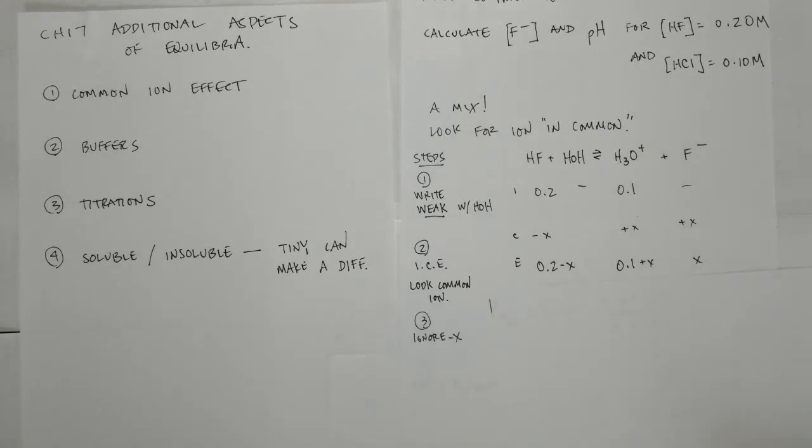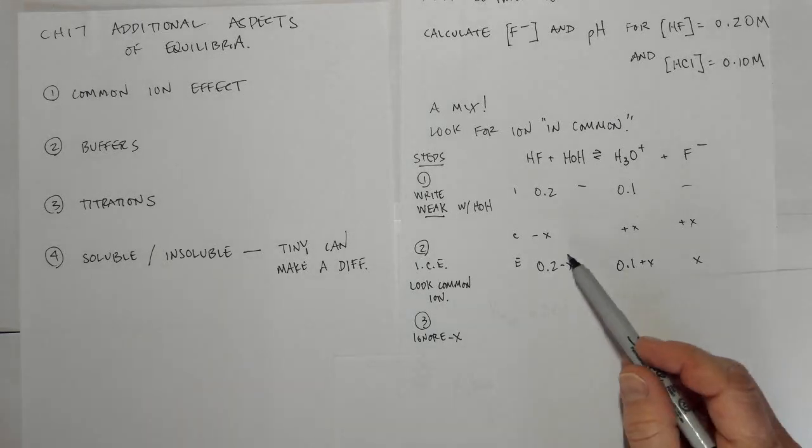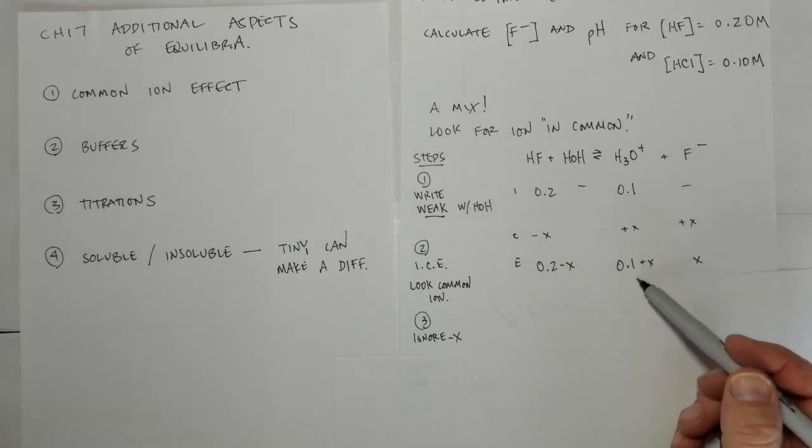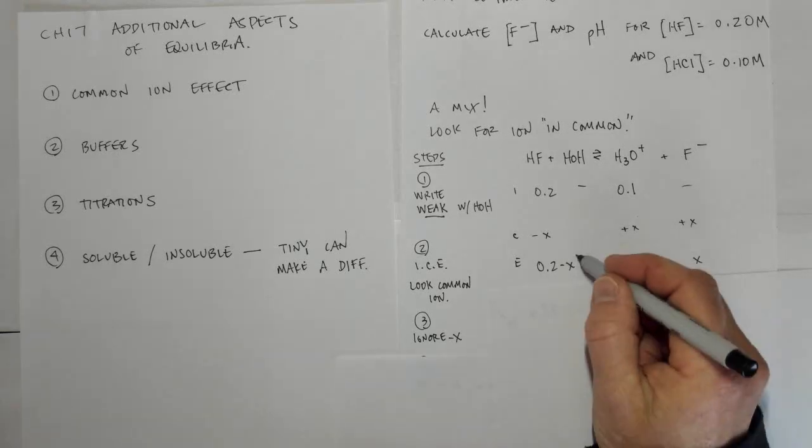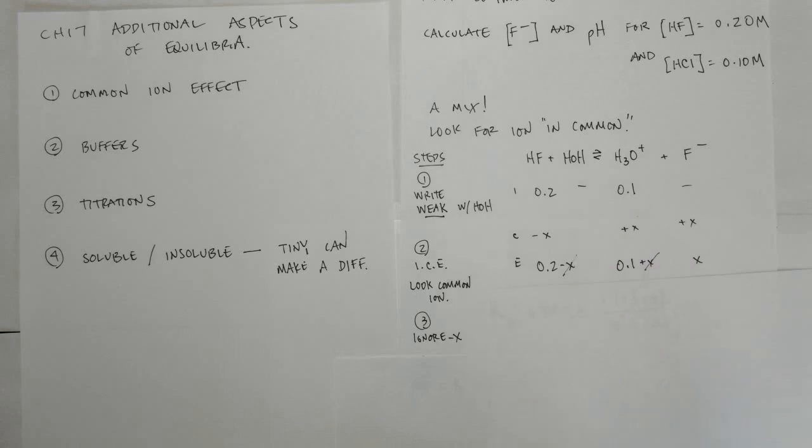So in step number 3 now, do the ignoring of the X. And so say that X is small compared to the 0.2 and compared to the 0.1. Makes it really nice and easy to solve when both of those are gone.